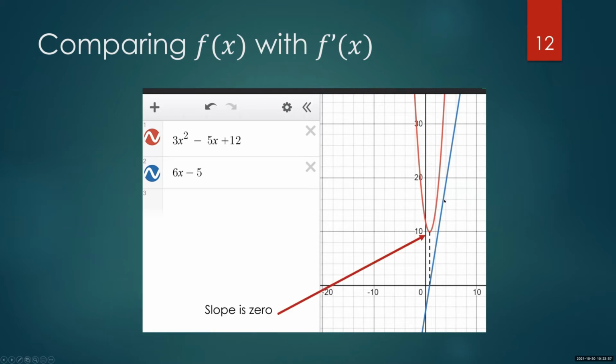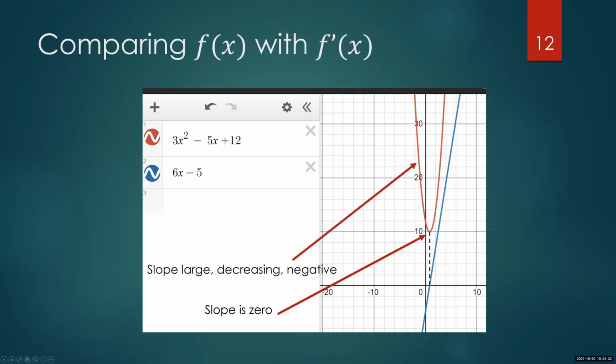So let's look at this point here, the slope is 0 on f of x, and you can see there's a dashed black and white line going down, and you can see that the value of f dash of x is also 0. So this looks reasonable. F dash of x is 0 when the slope is 0 at f of x.